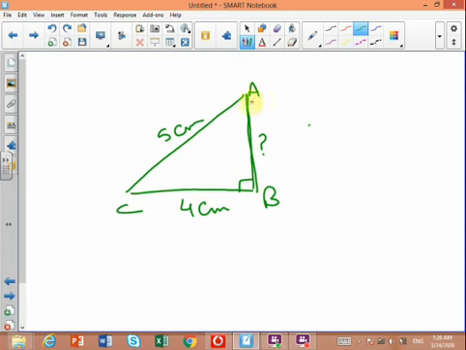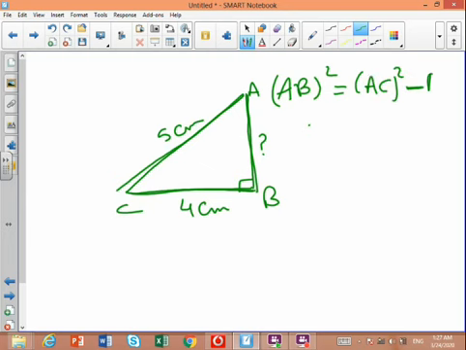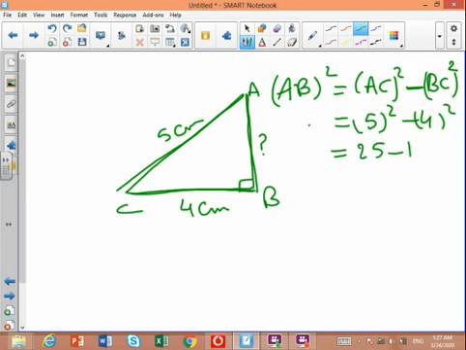So I subtract: AB square equals AC square minus BC square, because no side is greater than the hypotenuse. So it is 5 square minus 4 square, equals 25 minus 16 equals 9. So AB equals root 9 equals 3 centimeters.